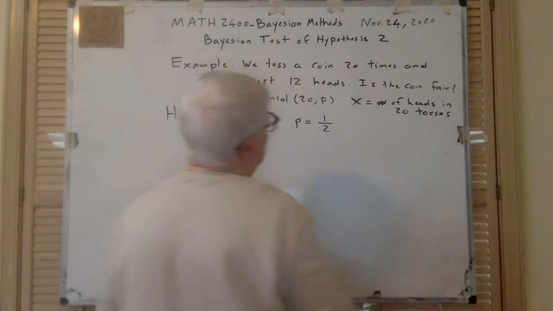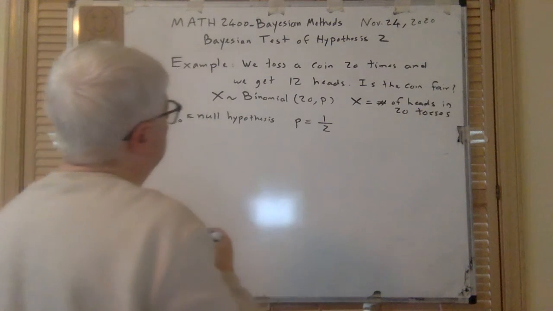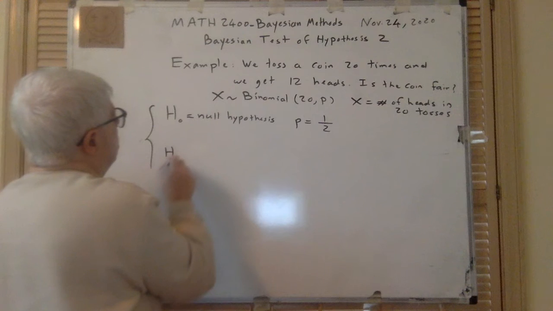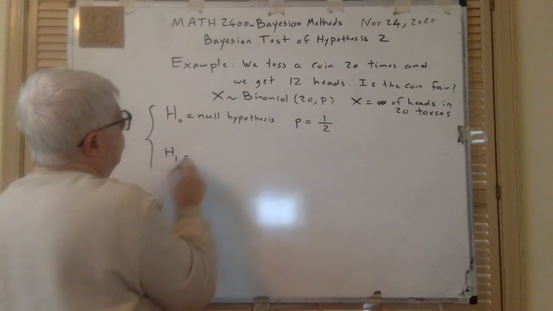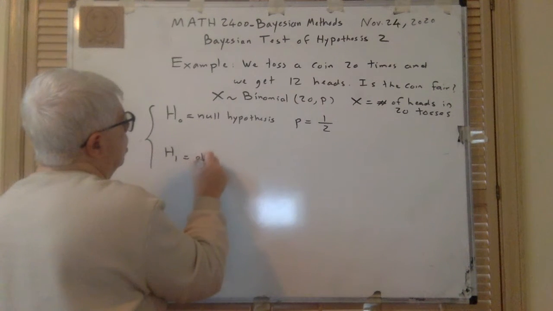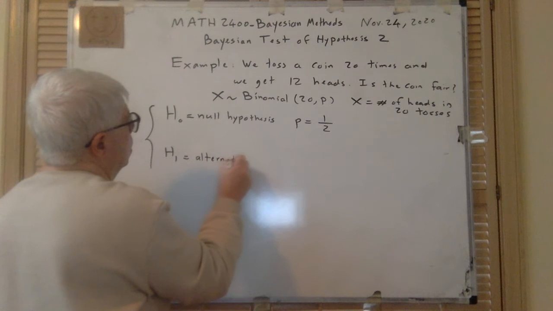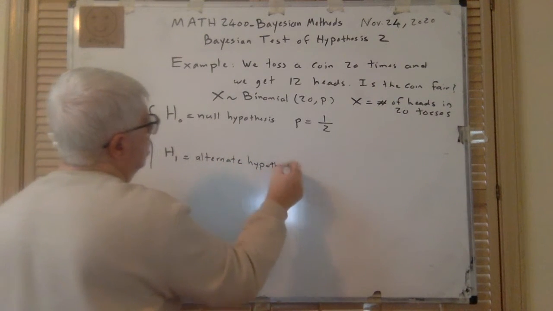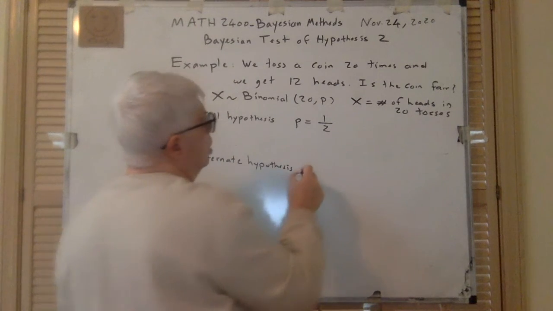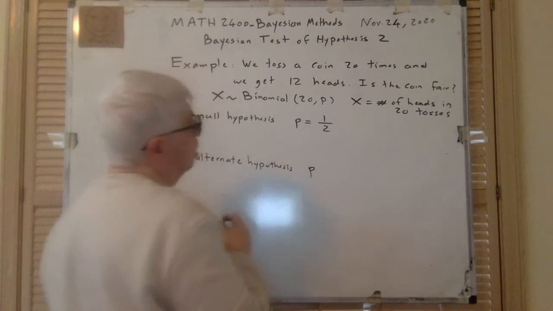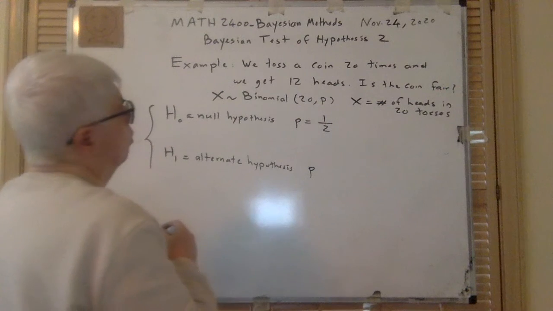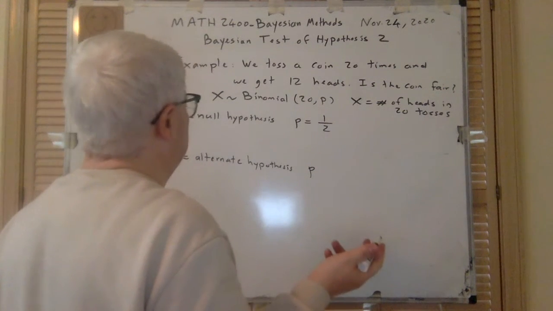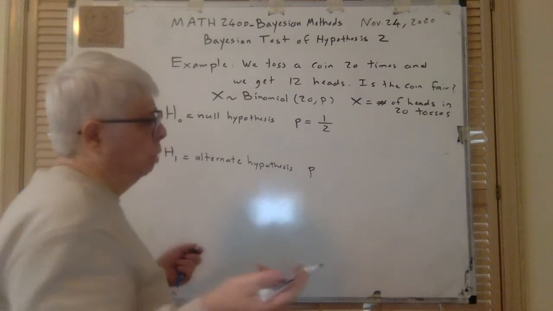So that's H0. Now H1, not fair: yesterday I assumed it was like 12 over 20 or something, but I can just say it can be any number between 0 and 1.